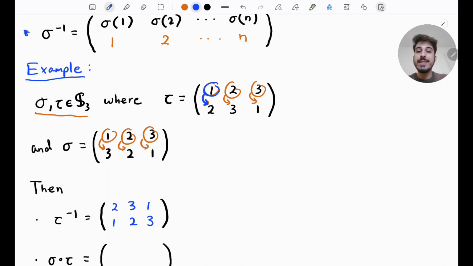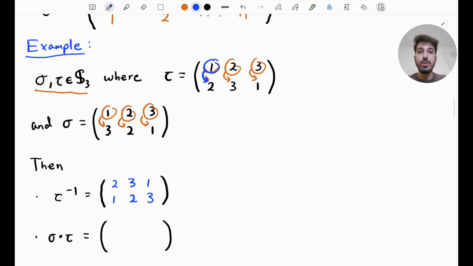Let us look into sigma composed with tau now. To do that, we need to always start from the right and then move to the left. So we calculate tau first, and then we calculate sigma on the output of tau. Tau is the map that sends 1 to 2. Sigma is the map that sends 2 to 2.